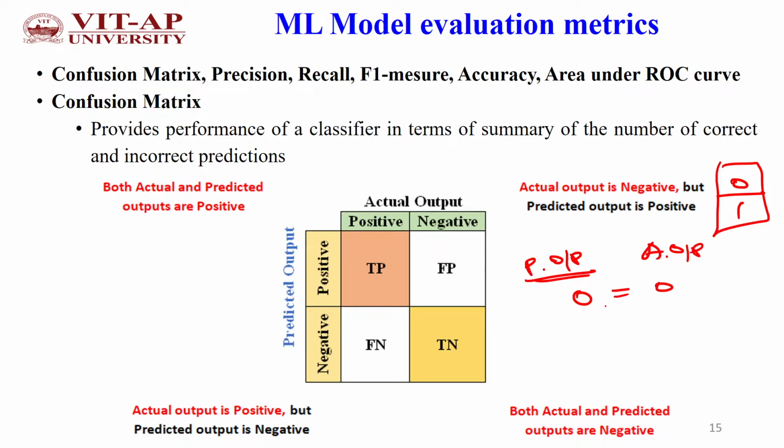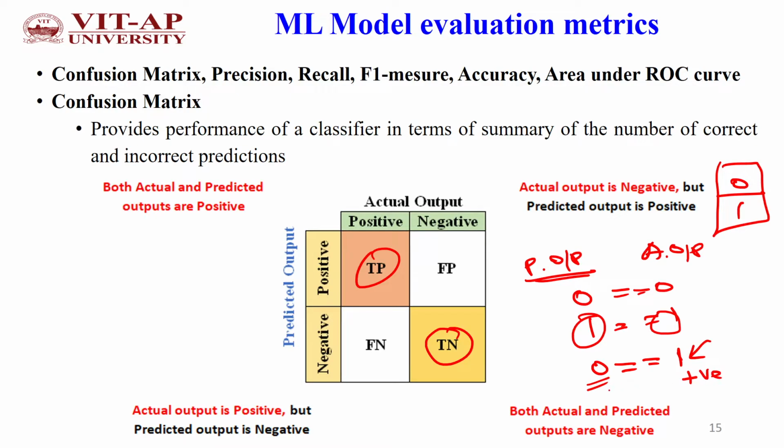If both are 0, that is true negative. If both are positive, that is true positive. And next, my model is predicting 0, but my actual output is 1. So the actual output is 1 but predicted as 0. This means it is positive but wrongly predicted as negative.